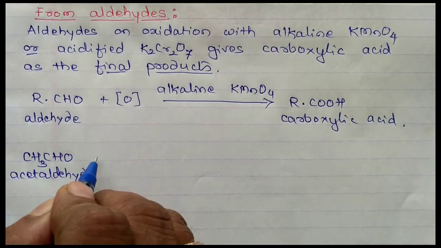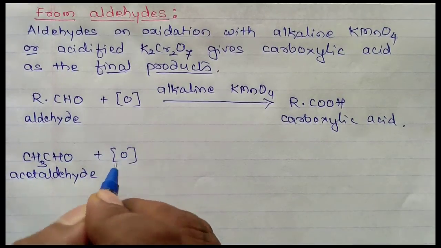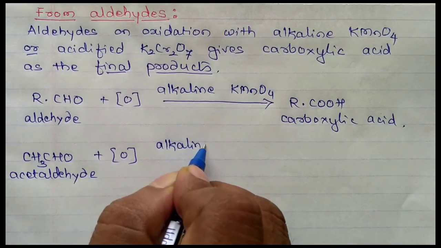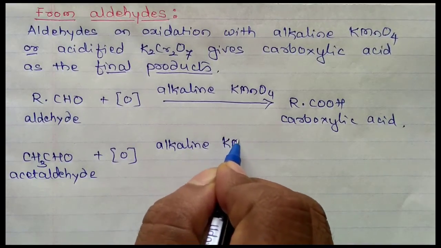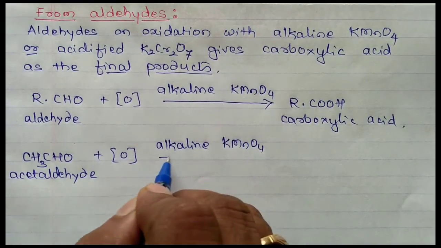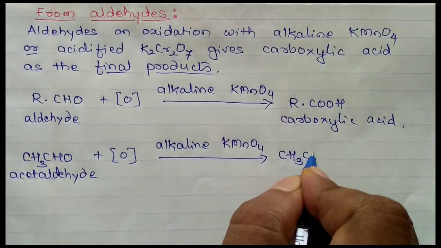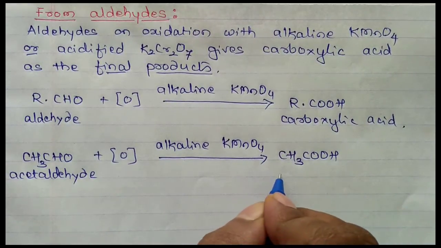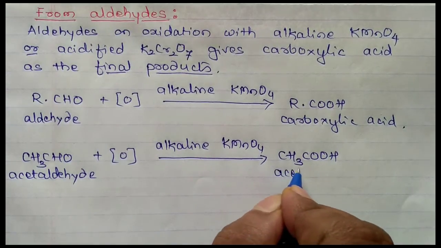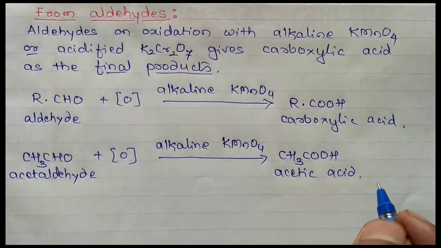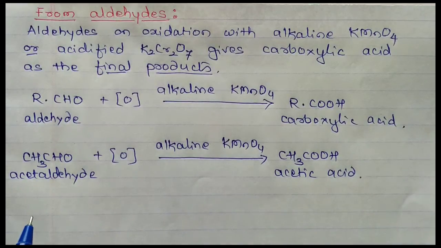On oxidation using alkaline KMnO4 solution, alkaline potassium permanganate solution, it gives acetic acid, CH3COOH. Another name is ethanoic acid. This is the preparation of carboxylic acid starting from aldehydes.